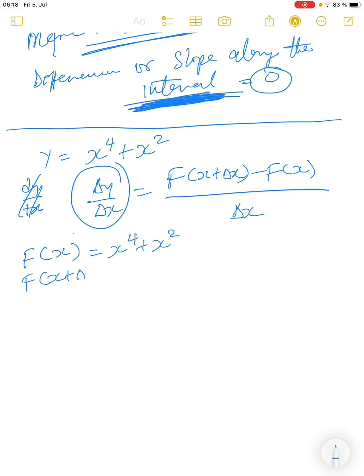So what of our f of x plus delta x? What if there is a change in x, an increment in x, delta x? Anywhere we have our x, we replace it with x plus delta x. So this is x plus delta x raised to power 4 plus x plus delta x all squared.